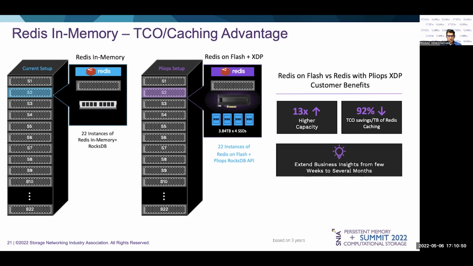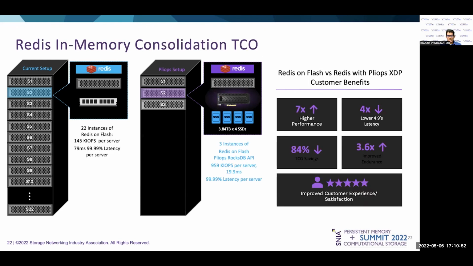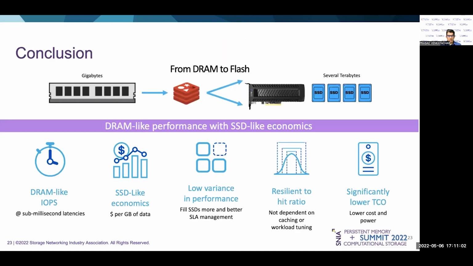You can extend from weekly to months of business insight. This is also an approach for consolidating from 22 rack servers into 3 rack servers, with 84% TCO savings.